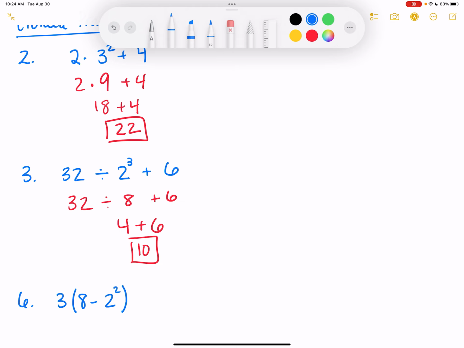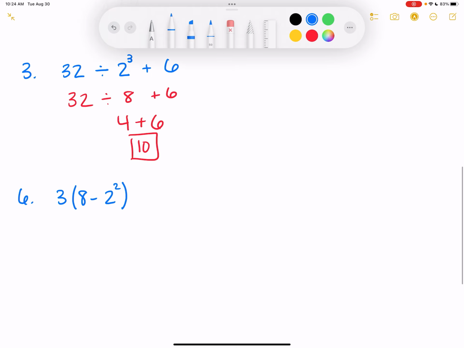All right, so this one we do have parentheses, so we're going to do the stuff inside there first. And once you go inside the parentheses, you still do the stuff in there in order of PEMDAS. So exponents, since there's an exponent in this one, we're going to do that part first before we do the subtracting part.